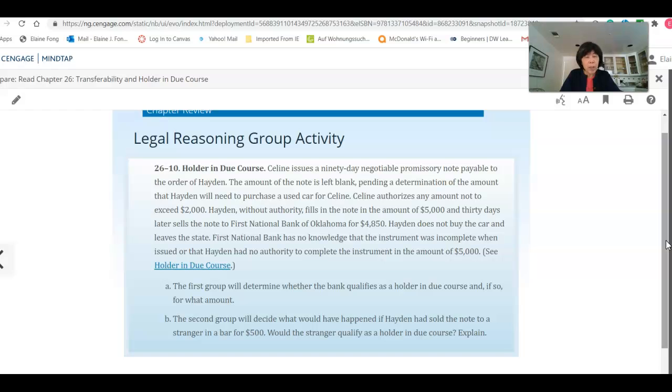That in itself may tip the transferee off that there could be a problem, that there should be a problem, and the transferee should be aware and beware of buying this from Hayden. So, in all likelihood, the stranger in part B there probably will not qualify as a holder in due course. Be very unlikely to qualify as a holder in due course.